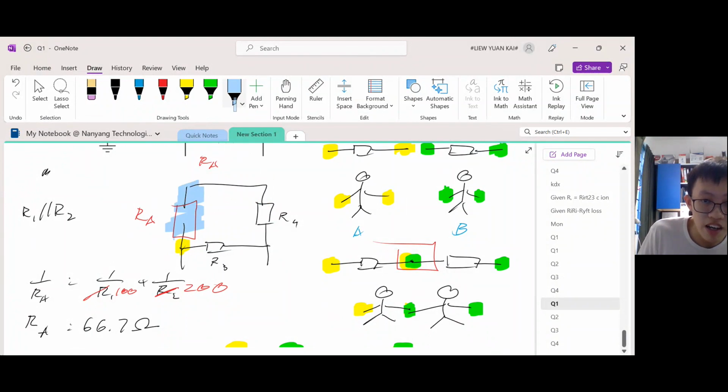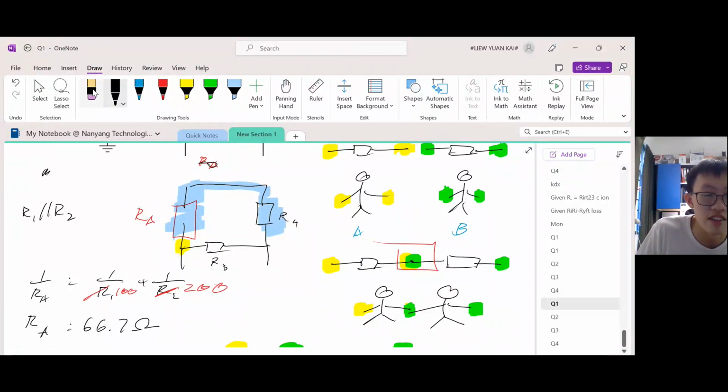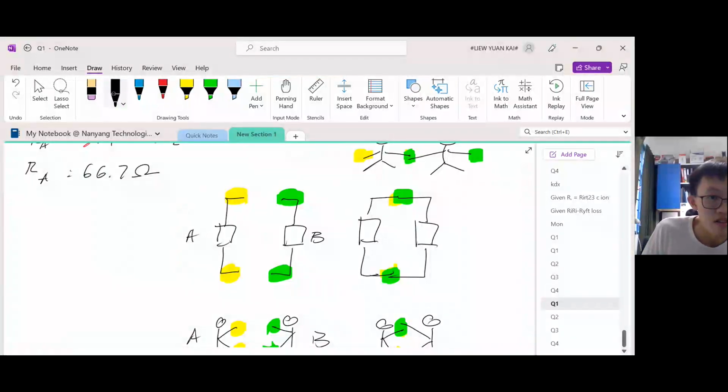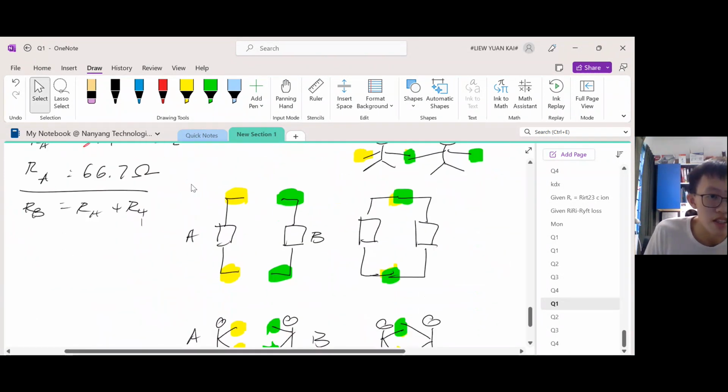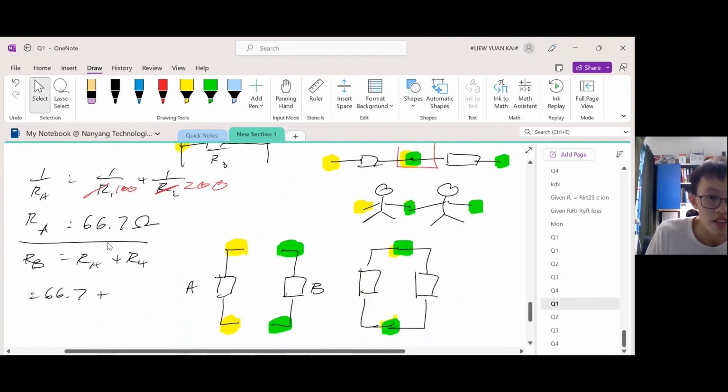So RA is in series with R4, so we can just add them together. Let me lump RA and R4 together. Let's call the sum of RA and R4 as RB. So RB is equal to RA plus R4, which is 66.7 plus R4, which is 300.